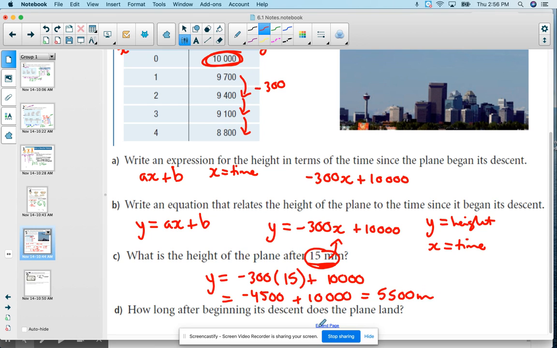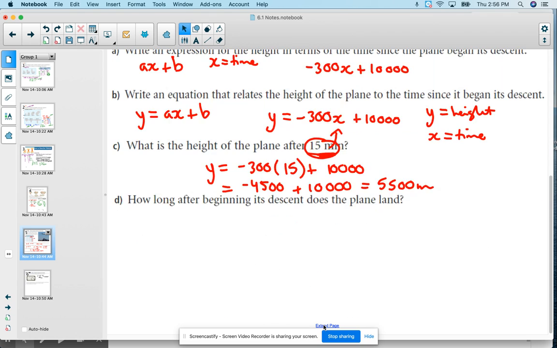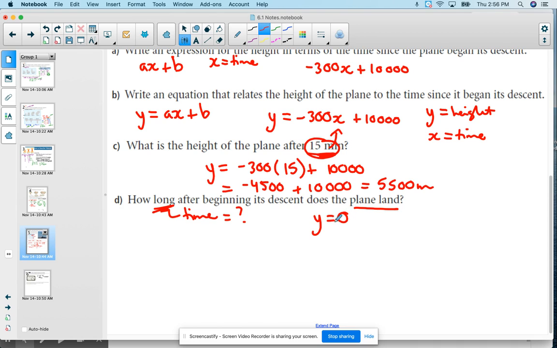And D, it's asking how long after beginning its descent does the plane land? Okay, so that means I am looking for time. I am looking for when the plane lands, so that means my height is 0.